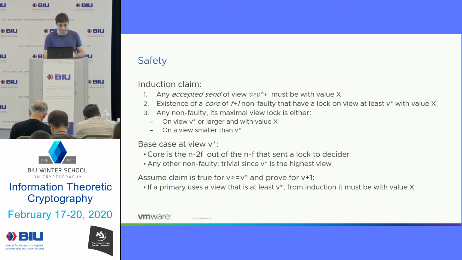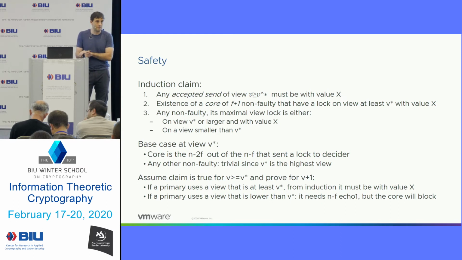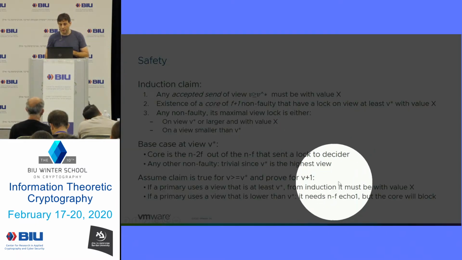And the last case is if a primary uses a view that is lower than V star. So it's a malicious primary, or maybe a confused primary, that's not taking the maximal view that it hears about. In order to make progress, this primary needs to receive f+1 echo 1s.